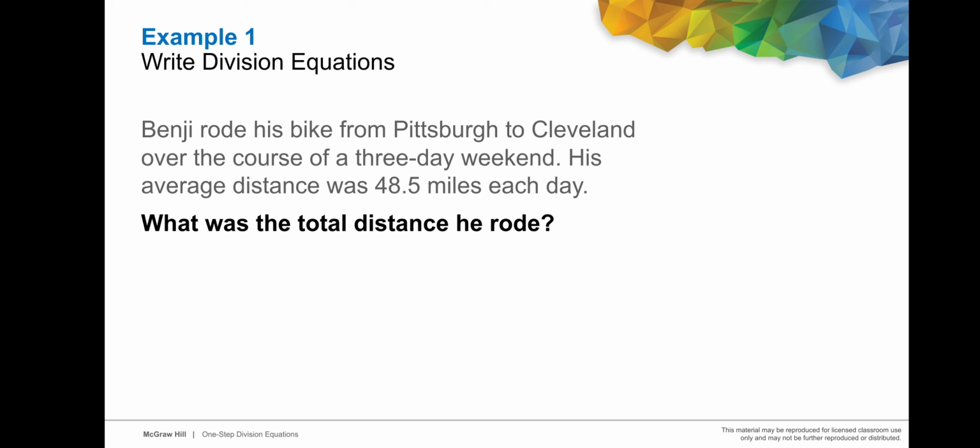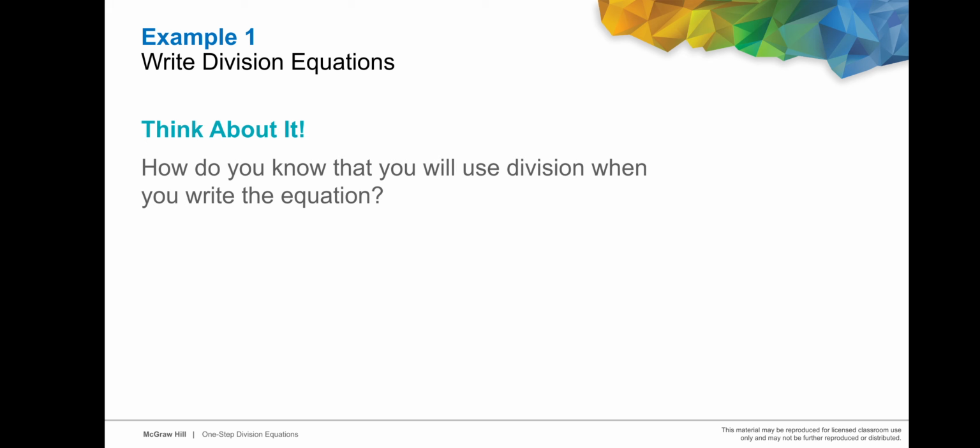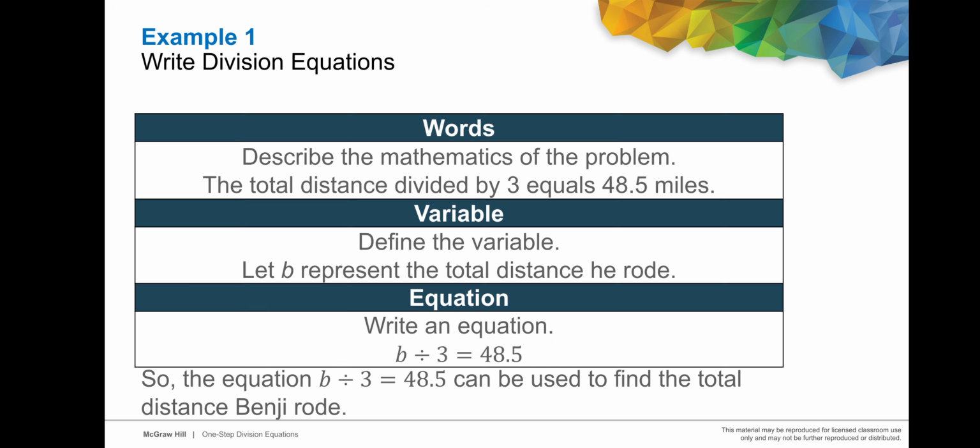So this is how we can understand that we are looking for a division problem. Now, understanding the problem helps me decide that this is division. The hint that helped me most was the words the total distance he rode. So we are looking for the greatest number in the problem. So this is division.